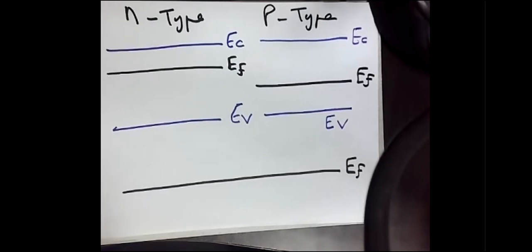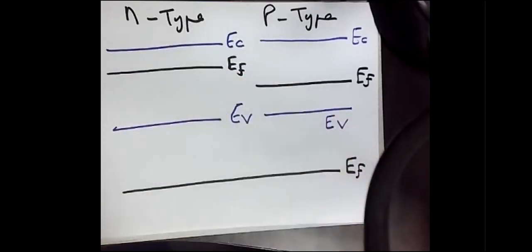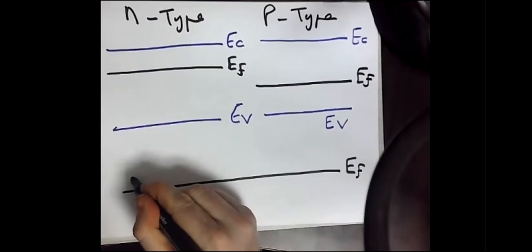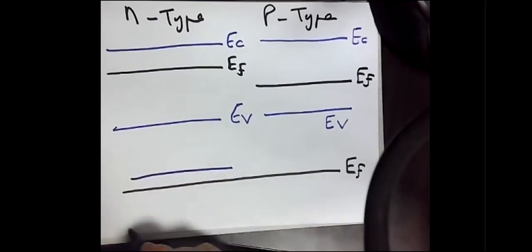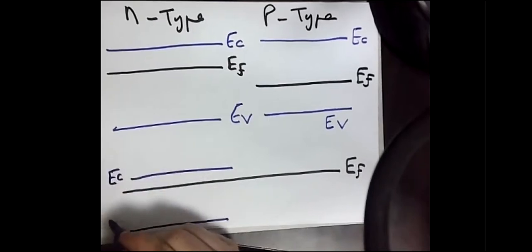Now every energy level or energy band should be plotted with respect to this horizontal Fermi level. For example, in this n region, we have something like that. This is EC and this is EV.